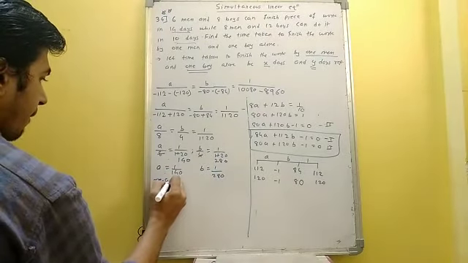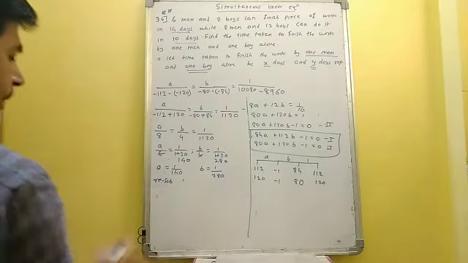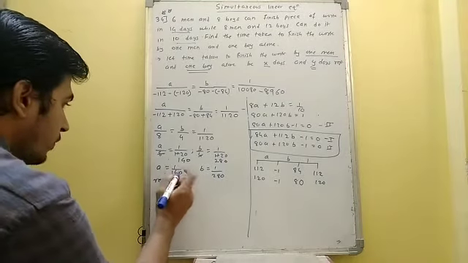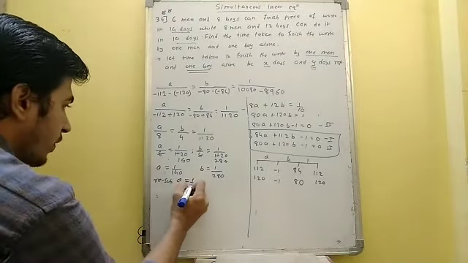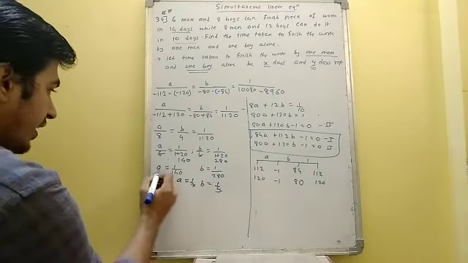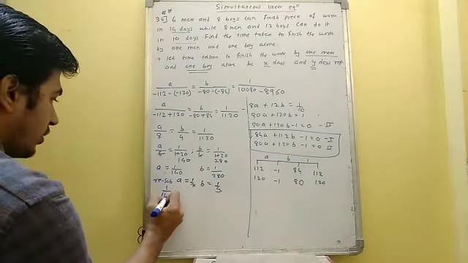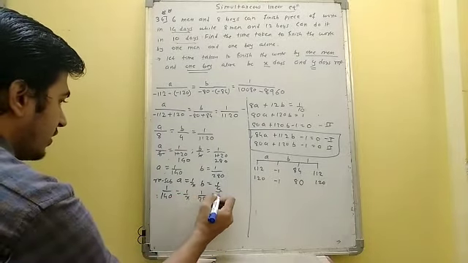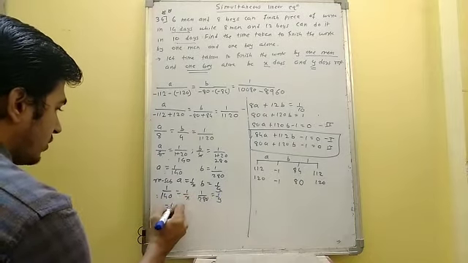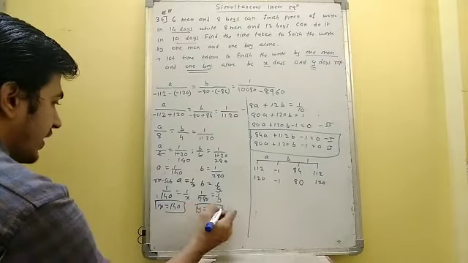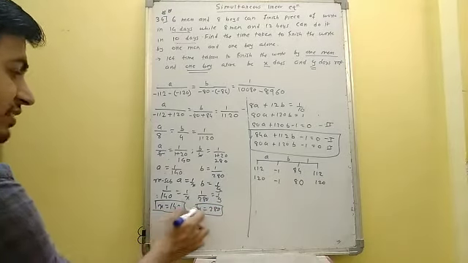Resubstituting, a is equal to 1 upon x and b is equal to 1 upon y. So 1 upon 140 is equal to 1 upon x, and 1 upon 280 is equal to 1 upon y. So x is equal to 140 and y is equal to 280. So 140 days and 280 days.